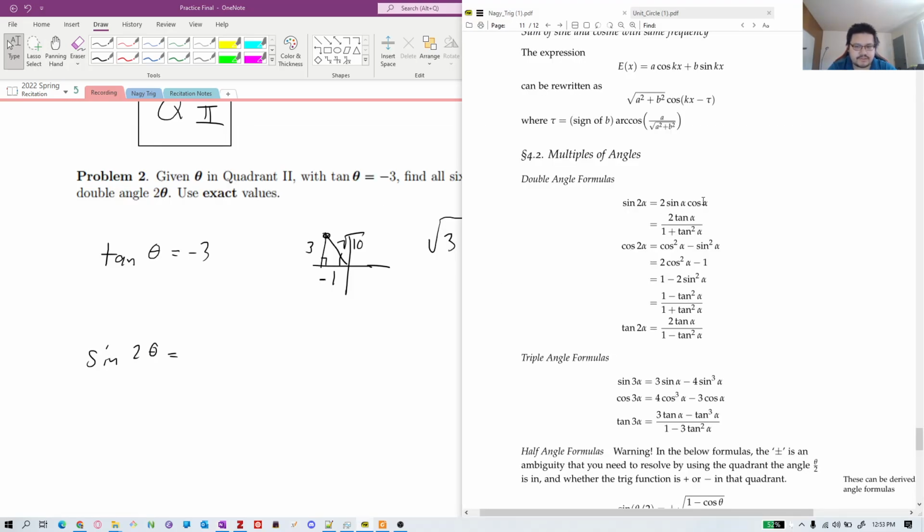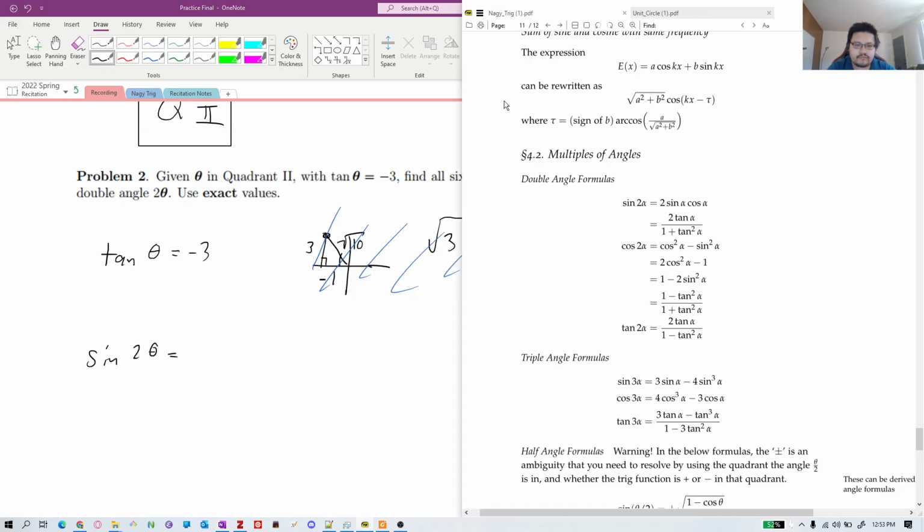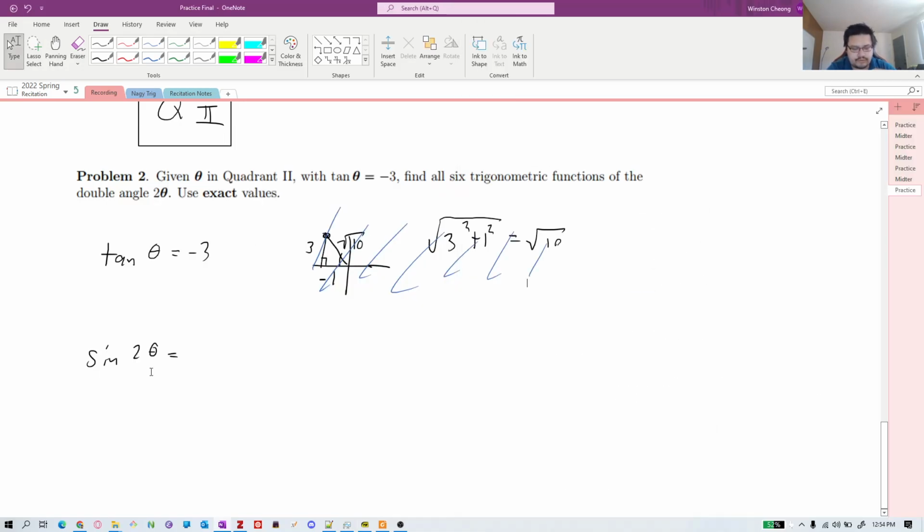Like I was thinking of this sine 2 alpha cosine alpha, but since we're given tangent, we can just use tangent. We don't necessarily need all of that. Okay. Right. Although, if you do it that way, you should still get the same answer.